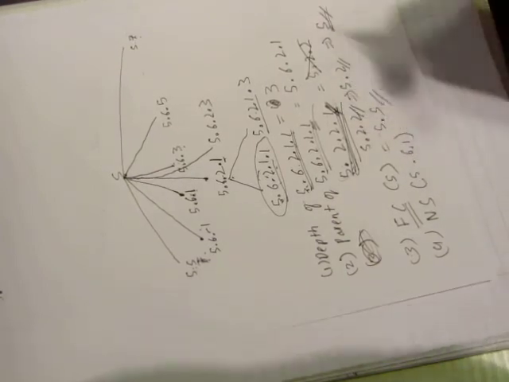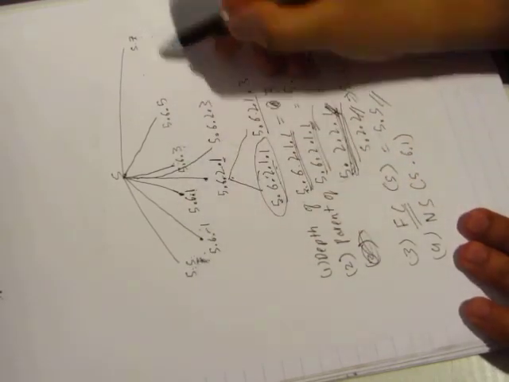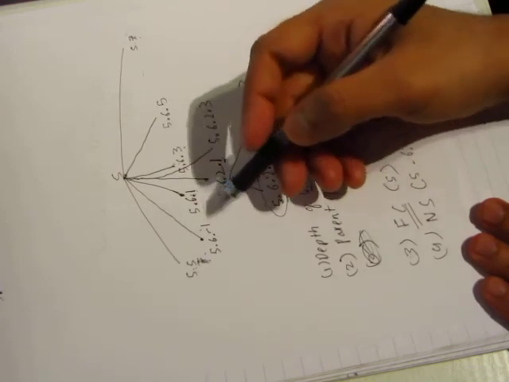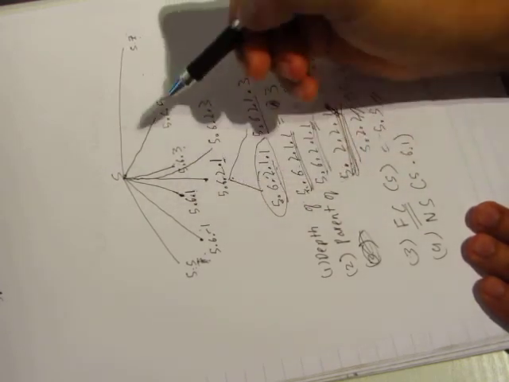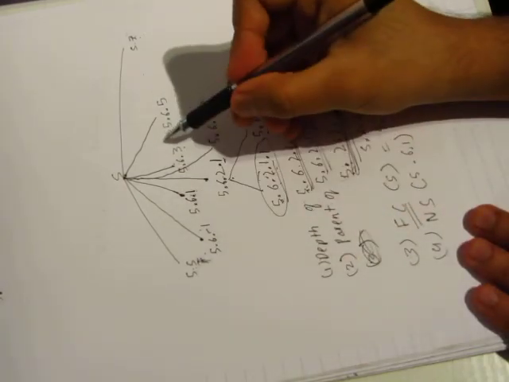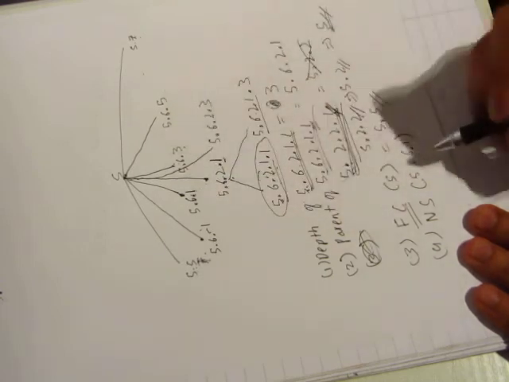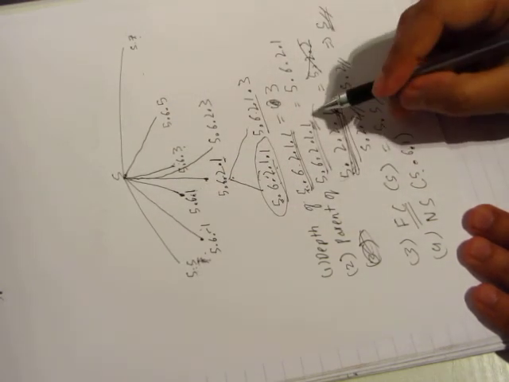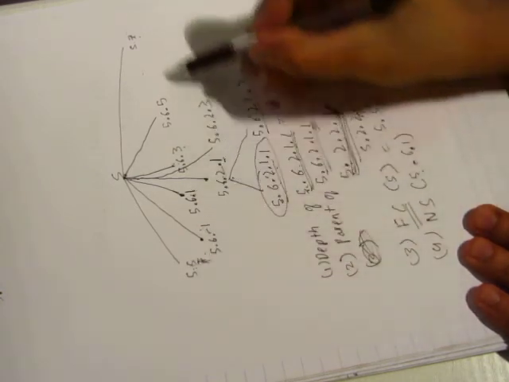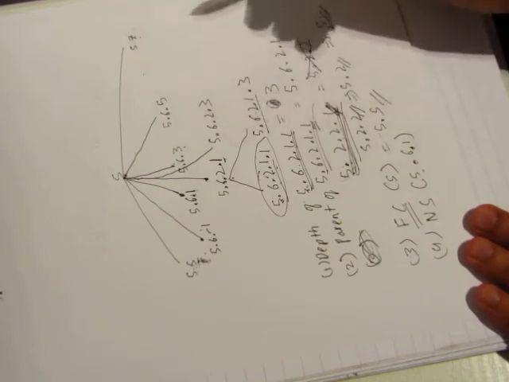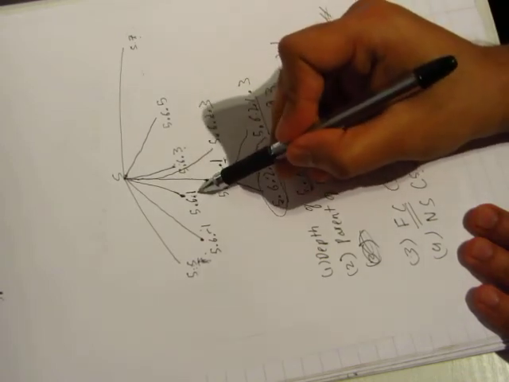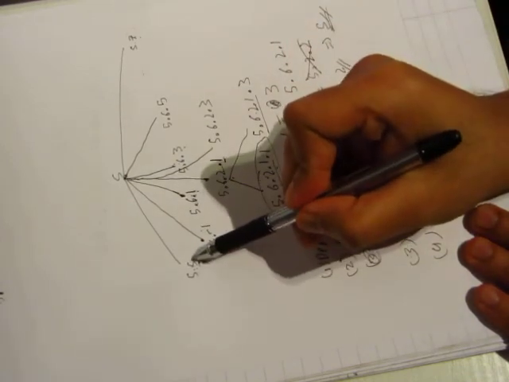What we do here is, again in the same ordered path, we find the node that is the least but greater than 5.6.1.